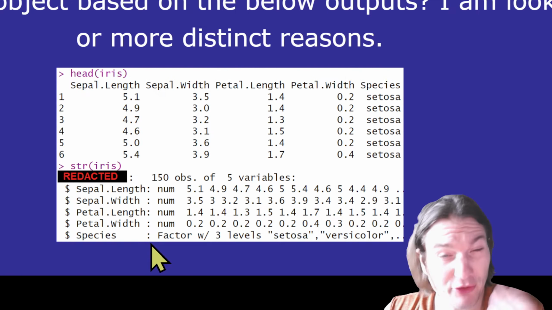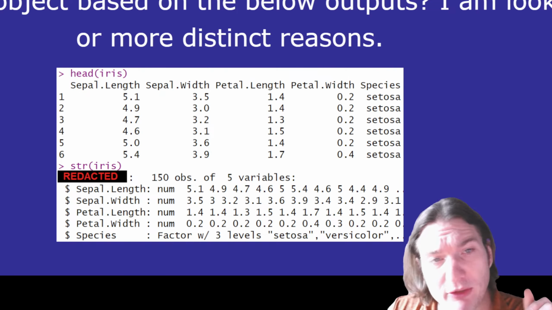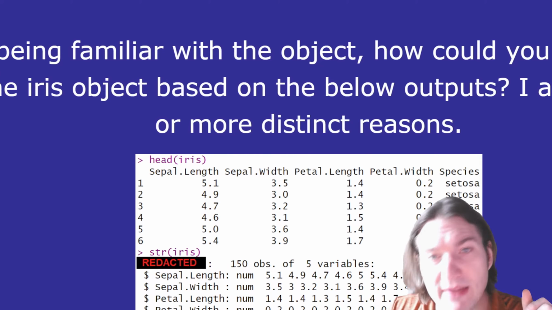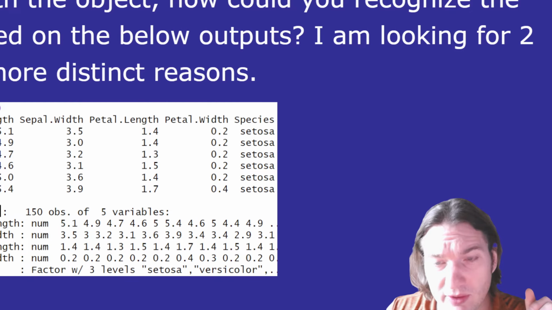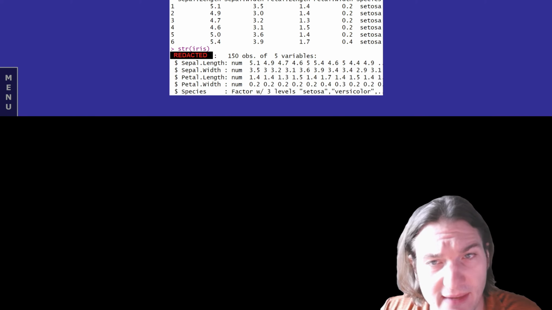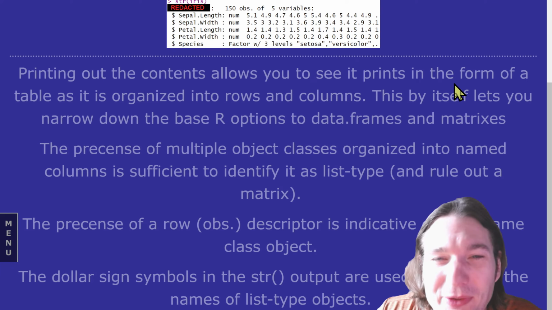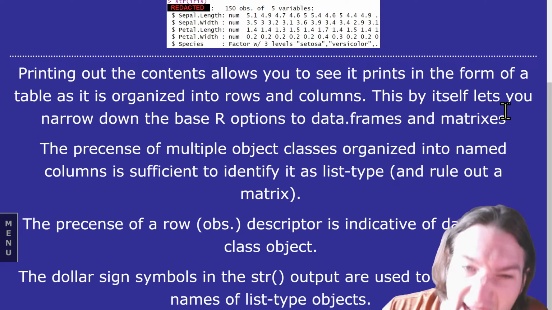And so that is why this ends up definitely being a data frame just from this picture. In summary, though, data frames can have more than one type of data inside of their columns, whereas a matrix can't.